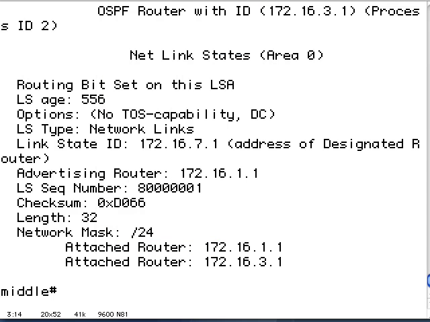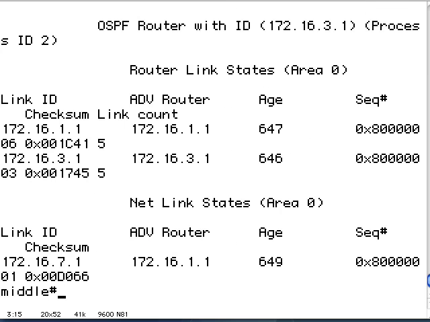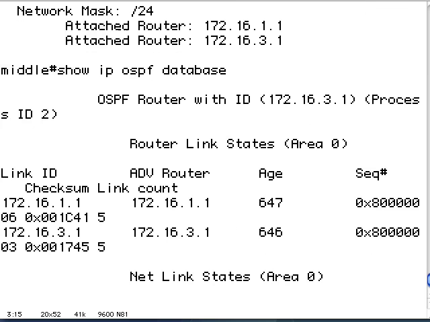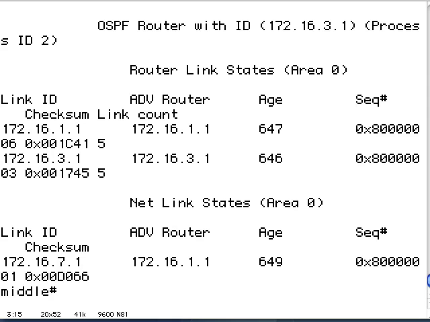So we have complete routing information because we've exchanged these link state advertisements. In fact, show IP OSPF database. I have 3 LSAs. One is sequence number 80,000,006, one is sequence number 80,000,003, and one is sequence number 80,000,001. Let's go to the top router.